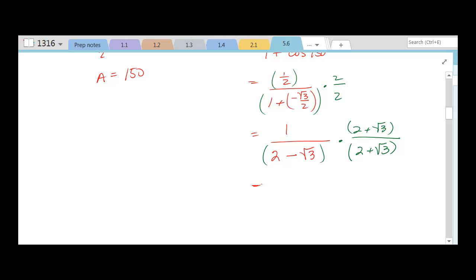So the numerator just becomes 2 plus the square root of 3. And the denominator, when I FOIL these two together, I get the first term squared, 4, minus the square of the other term, which would be 3. And 4 minus 3 is just 1, so this becomes 2 plus the square root of 3.